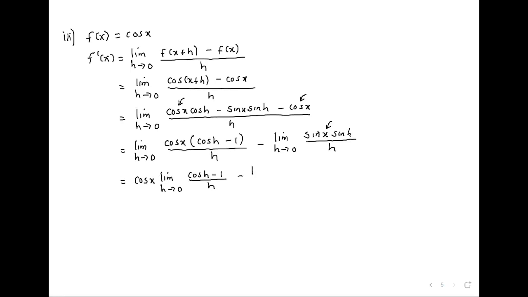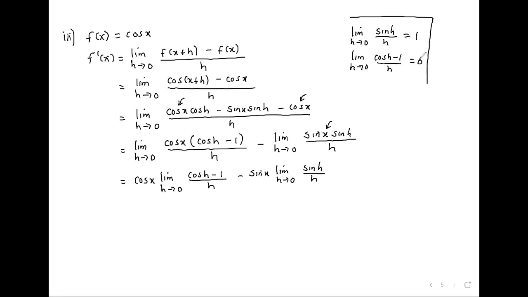Minus sin x can also be taken out, since the limit is about h, sin h over h. Not forgetting that the limit as h goes to 0 of sin h over h is 1, and the limit as h goes to 0 of cos h minus 1 over h is 0.